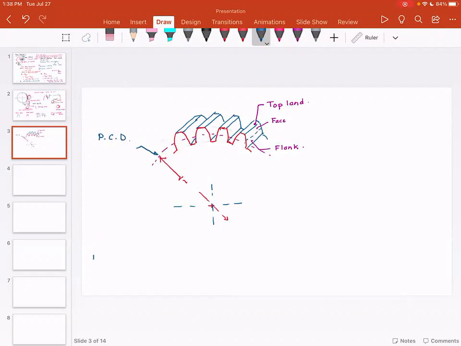So I'm going to write this down. PCD is pitch circle diameter.